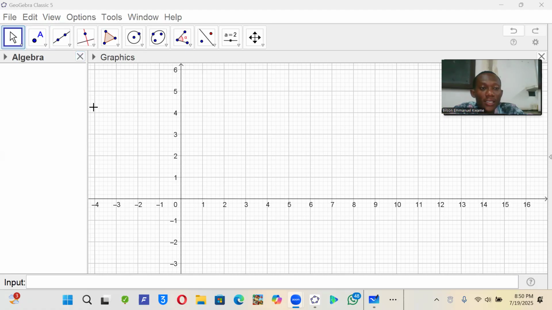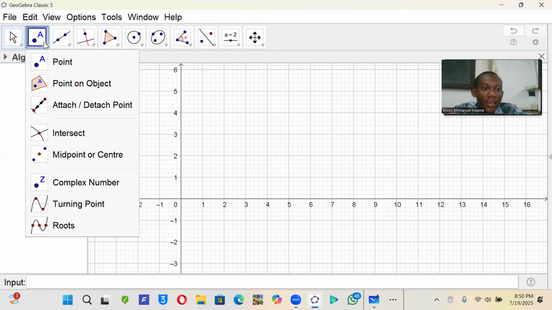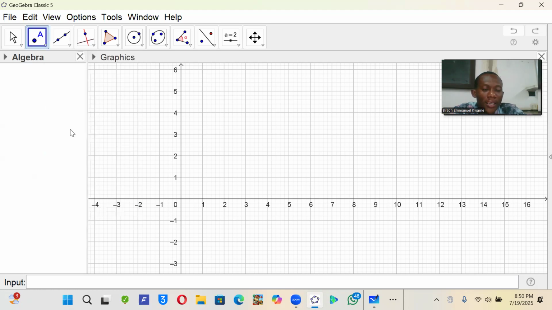If you are new to this interface, each and every bar here has a purpose or a function, right? So here we have the points on object. They play a role depending on what we are doing. But in today's video, we are going to focus on probability and statistics.